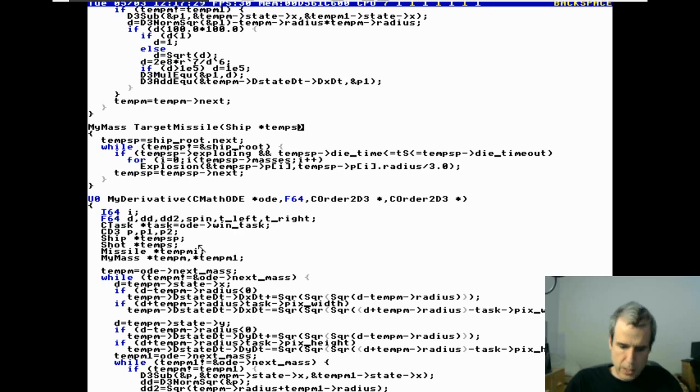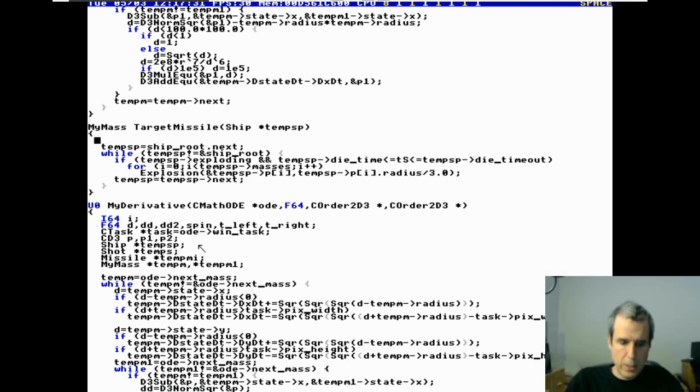SP. If exploding. Ah, shit. If we're drawing, let's look for how we.